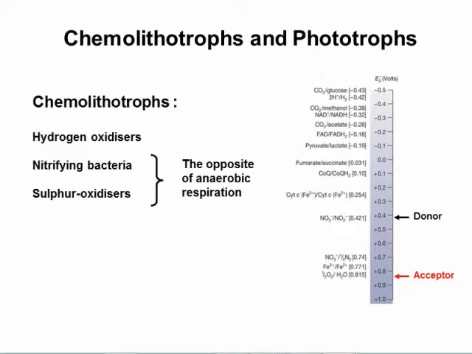Look at the scale up here. What you're saying is, we're going to transfer electrons from way down here all the way up to there. No, can't work. Only works this way. So this cannot happen directly.